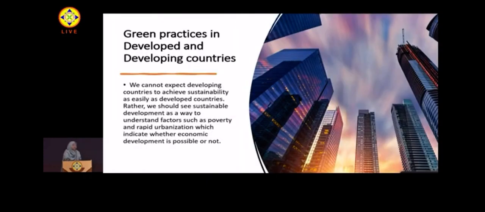Okay, so talking about green accounting, green accounting practice is different between developed and developing nations. Why? If you look into the status of the economy, if you refer to Singapore, Indonesia, Malaysia, or the United Kingdom, the focus of the country is actually to boost the economy.